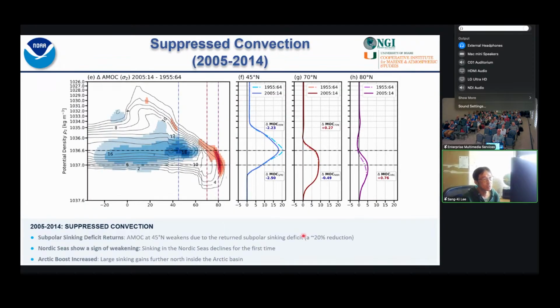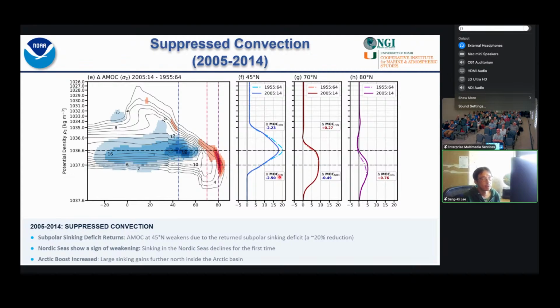Okay, next is open ocean convection. Here during this time, the AMOC at 45 degree decreased by more than 2 Sverdrup. And this is largely due to the subpolar sinking deficit, about 2.5 Sverdrup up here.